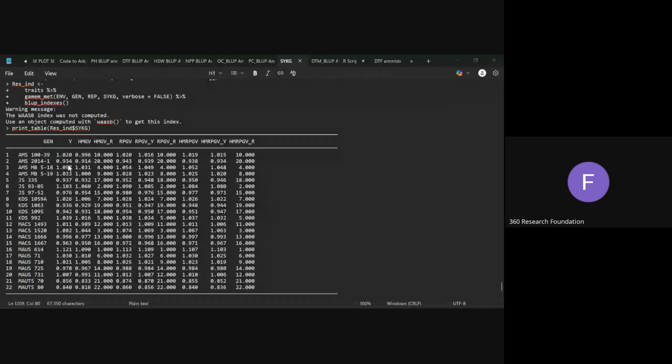One text file we got from BLUP. So this file, like this, stability parameters are there.